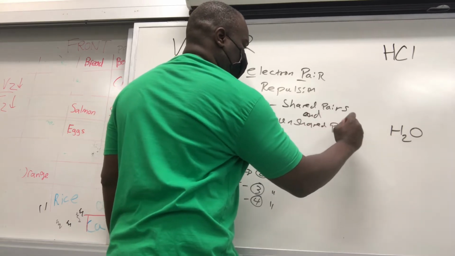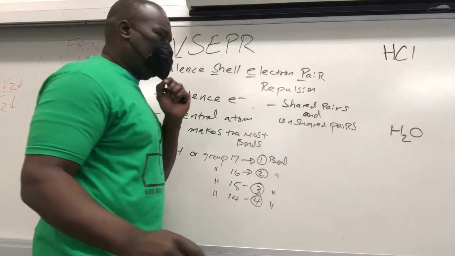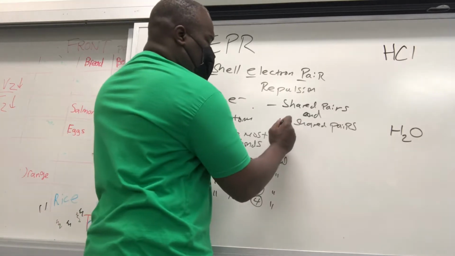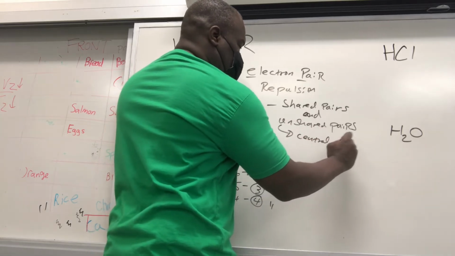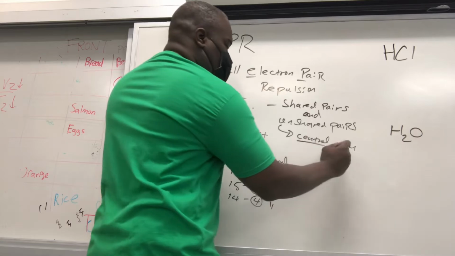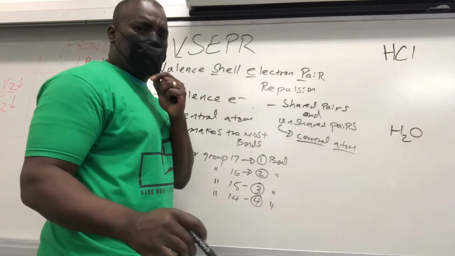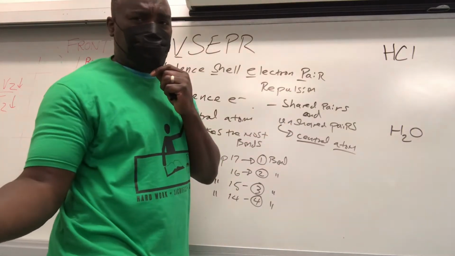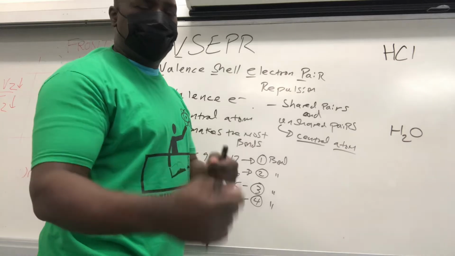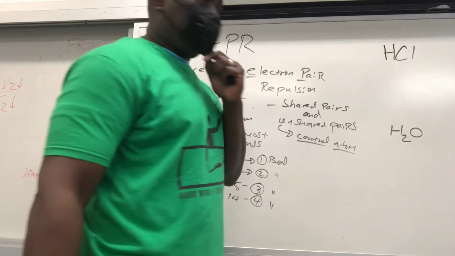That's also very important, especially the unshared pairs on the central atom, because that's going to affect our shape also. Sometimes the unshared pairs are called lone pairs, because they're by themselves. They're not hooked up to another element. We'll explain that when we do our examples in a second.